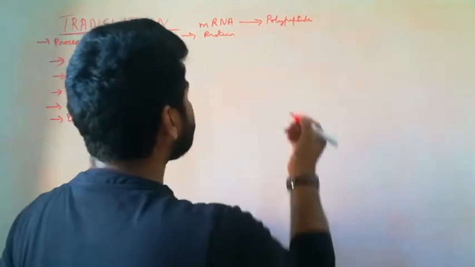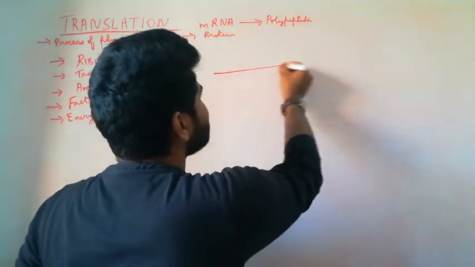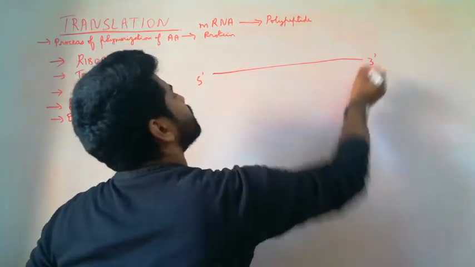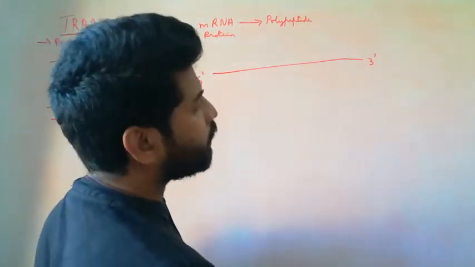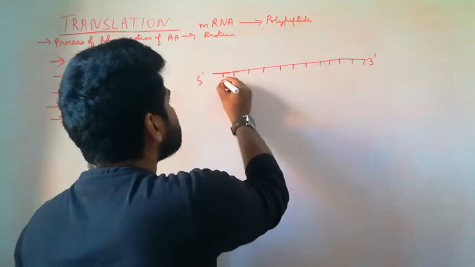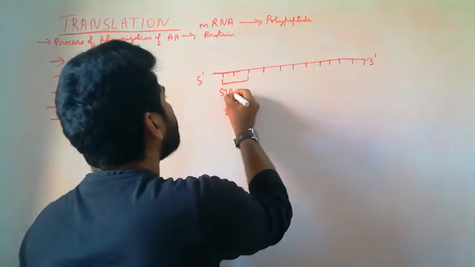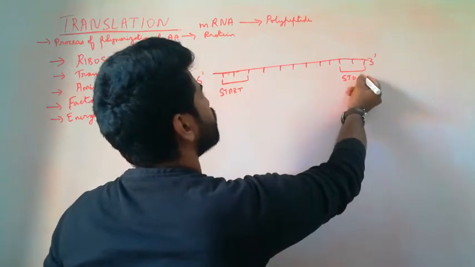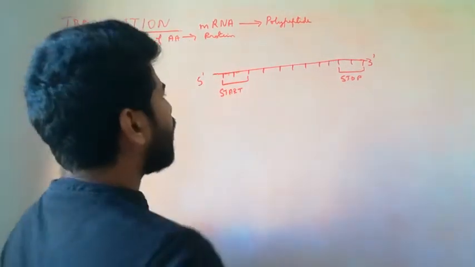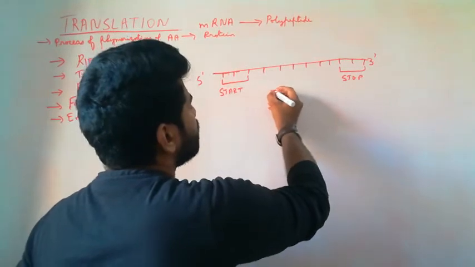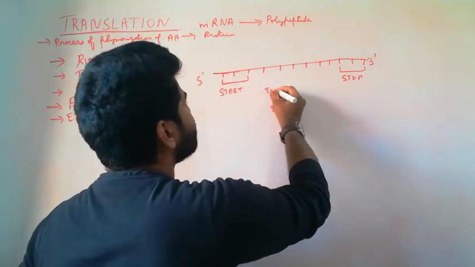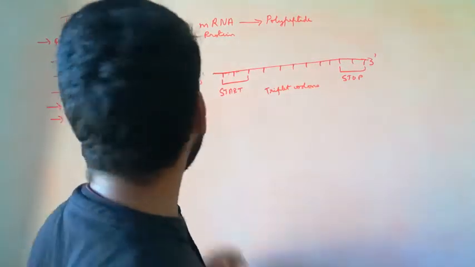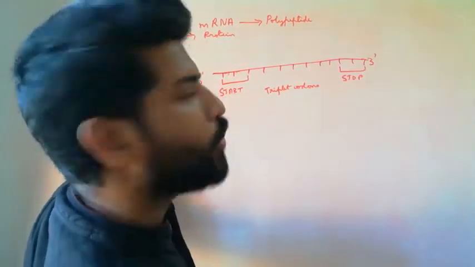The translation unit is nothing but your single stranded mRNA molecule. It contains the start codon and the stop codon, and also the triplet codons that are supposed to be read.